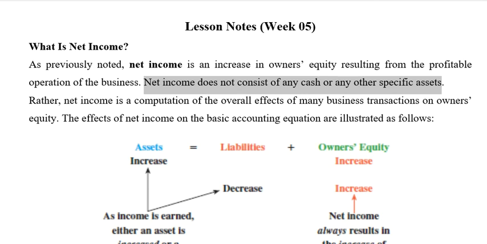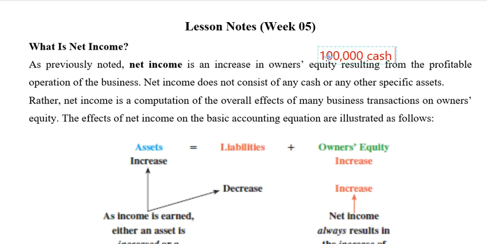If we say we earned 1,100,000 this year, and this 100,000 will be maybe cash, in the form of cash. Okay, it is a net profit of the year, and it is in a form of cash we can get, and it may be in our bank account. But that is for the whole accounting period.